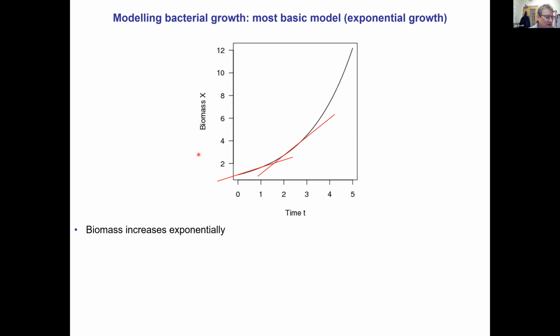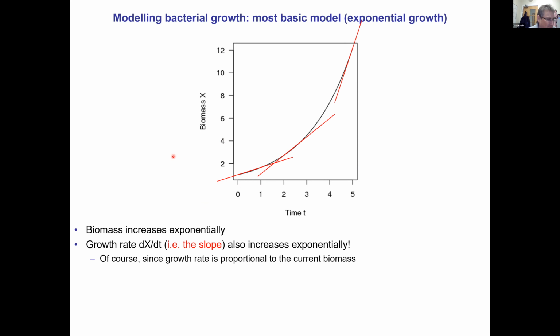As you can see, the slope of this curve increases. So the biomass increases exponentially, and the slope also increases exponentially. That is what has to be expected, because the growth rate is proportional to the current biomass, so the slope will be proportional to current biomass. And if the current biomass increases exponentially, so does the slope.